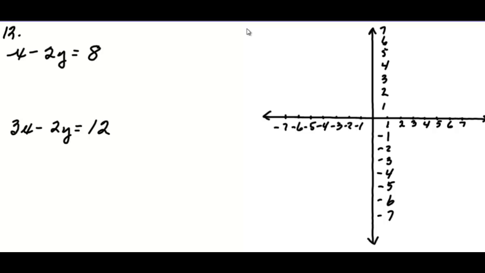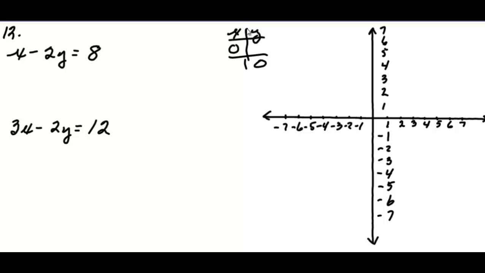We've got these two equations, x minus 2y equals 8, and 3x minus 2y equals 12. We want to graph those two and find out where they intersect. Taking the first one, we set up the xy coordinates, where x is 0 in one case and y is 0 in the other.